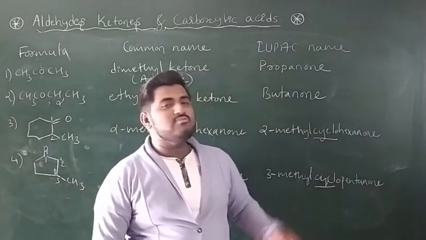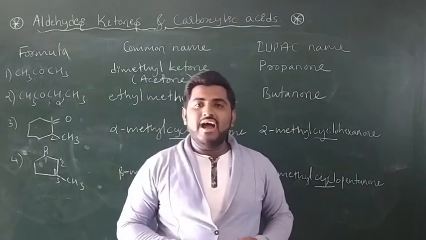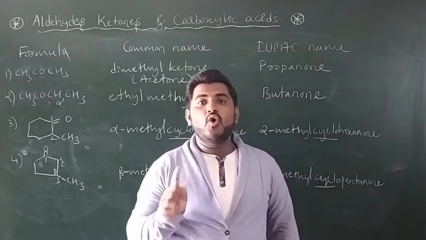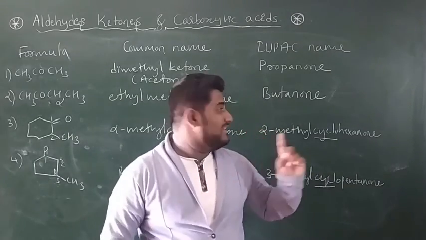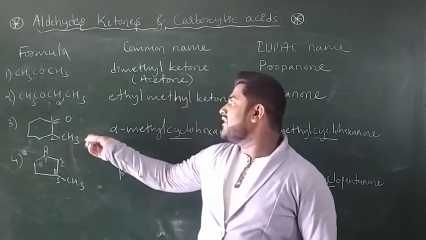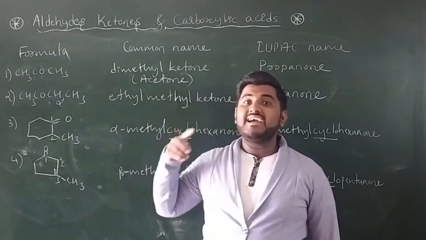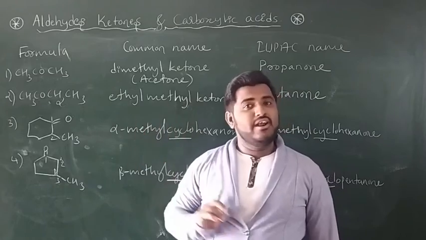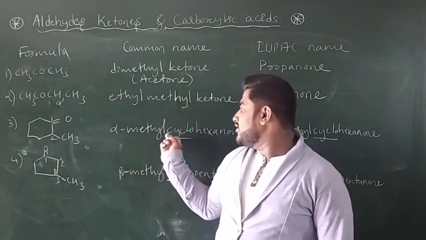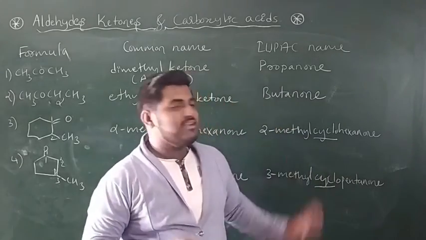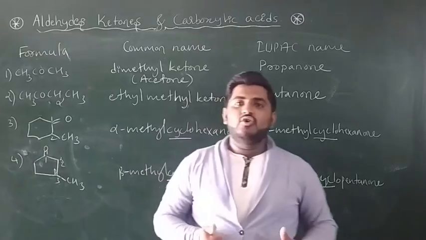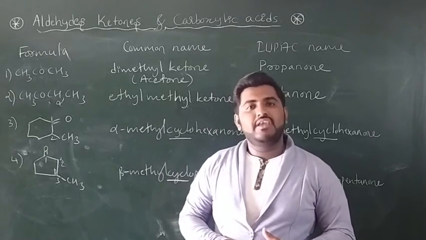In the IUPAC system of naming ketone, we take the parent hydrocarbon, and E is replaced by ONE. In aldehyde, al; in ketone, the word one is used. If a cyclic aldehyde is there, the word carbaldehyde is used. If a cyclic ketone is there, then we use the word cyclo in both common and IUPAC systems. I hope you understood. So this is regarding nomenclature of aldehyde and ketone.